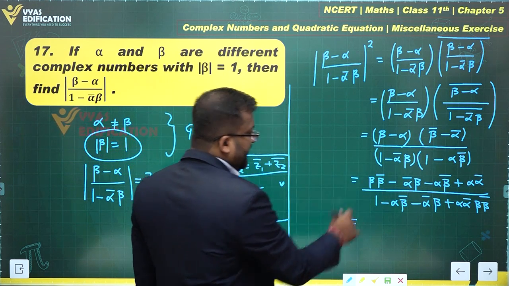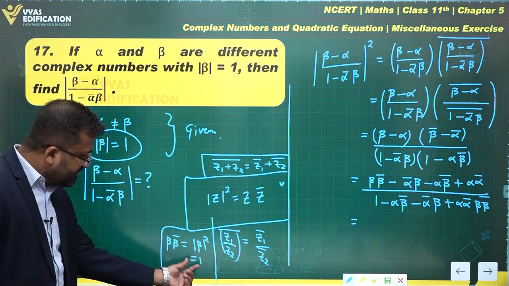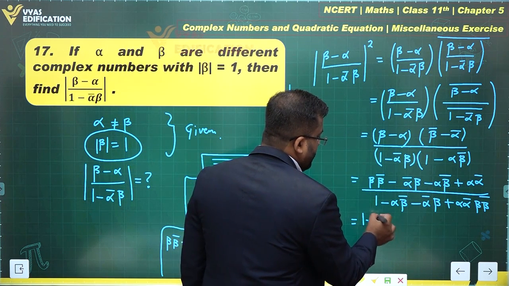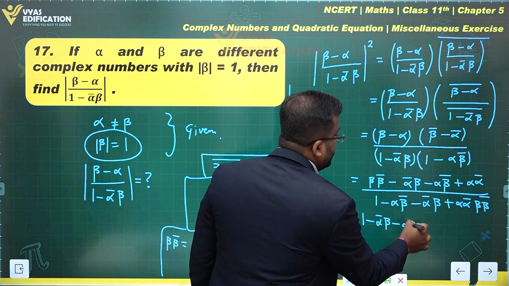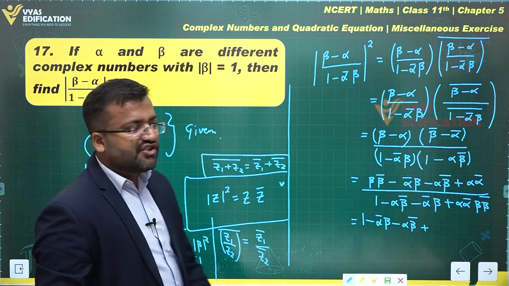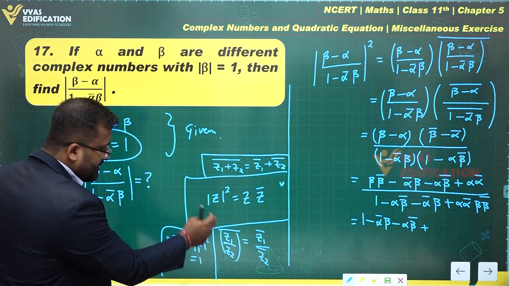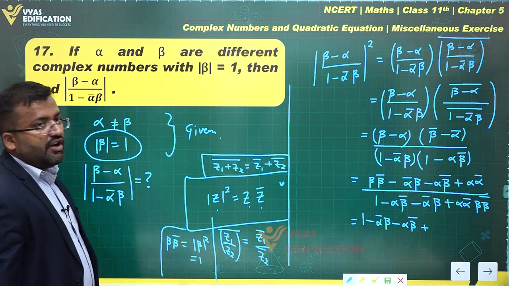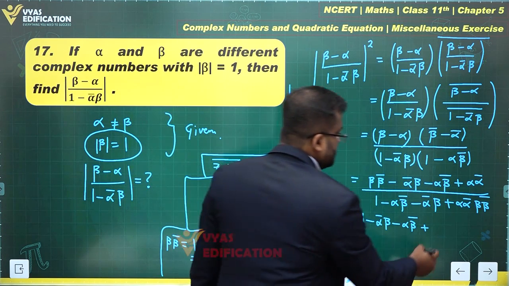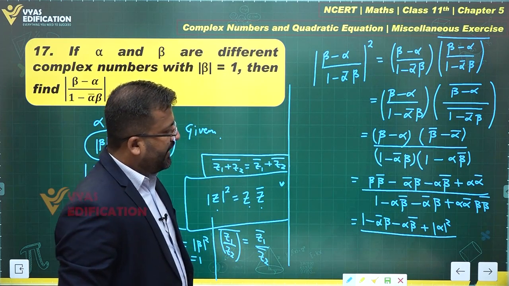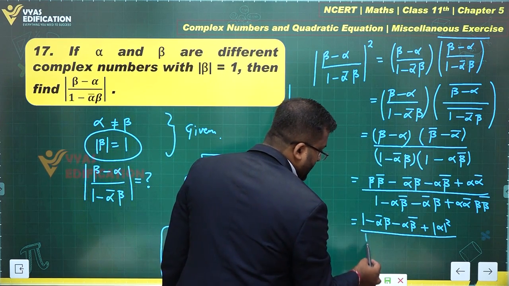So this becomes 1 minus alpha bar beta minus alpha beta bar plus alpha alpha bar, which would be equal to mod alpha square, over, what do we have over here, observe, this is a 1.